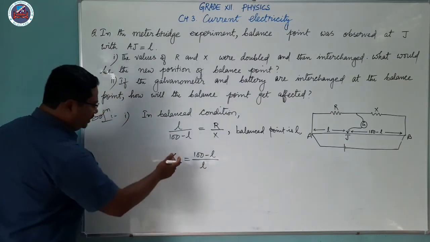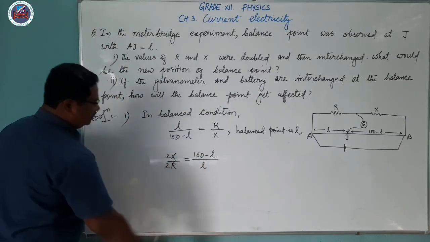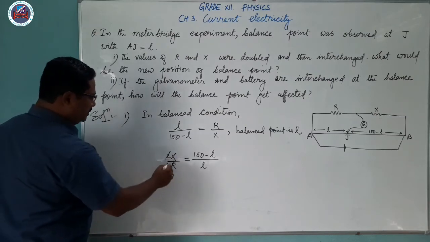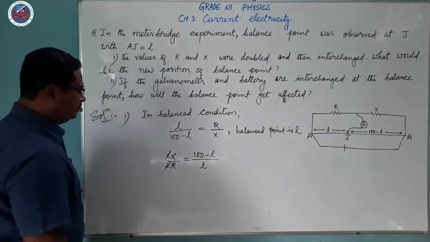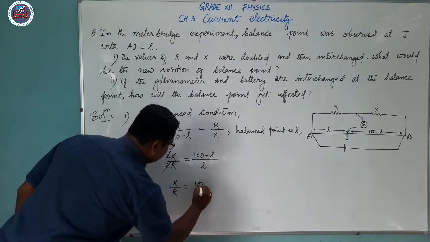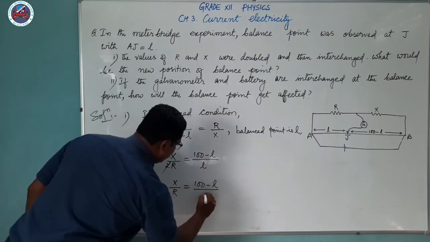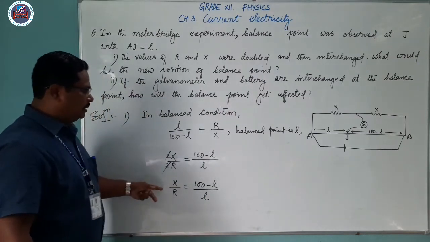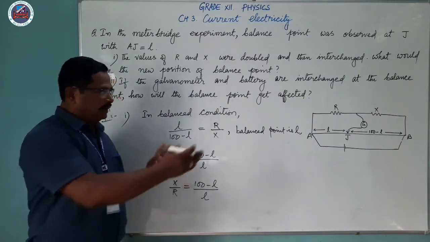Then you are doubling it, 2 times of it you are doing. Then the 2 will get cancelled, doubling it and exchanging it, then it will be 100 minus L by L. So if you exchange, the balancing point also will exchange.